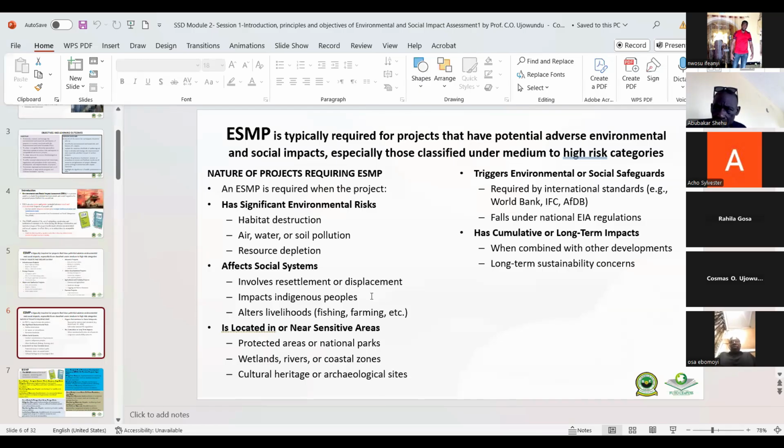You only go there for certain things or for some rituals. So if a project will be cutting through some of these cultural heritages, it means that they will be affected. Then also projects that trigger environmental or social safeguards.